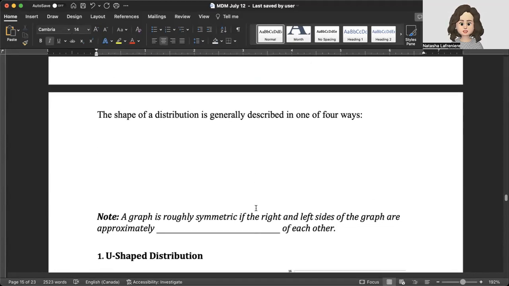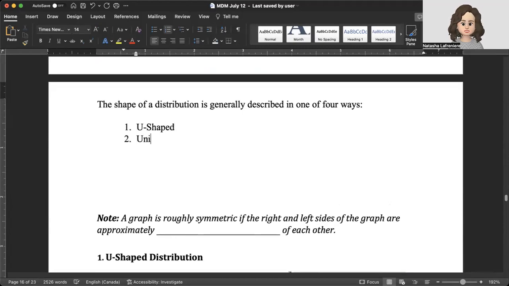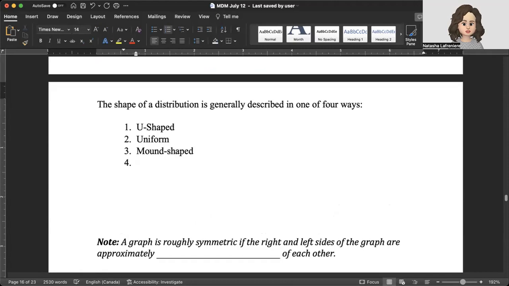Okay, so the shape of distribution is generally described in one of 4 ways. Our first one is it's in a U shape. The second one is that it's uniform, so it's all the same. The third one is that it's mountain shaped, so like a mountain, and skewed means it's all over the place. And so for the first 3, those are all symmetrical.